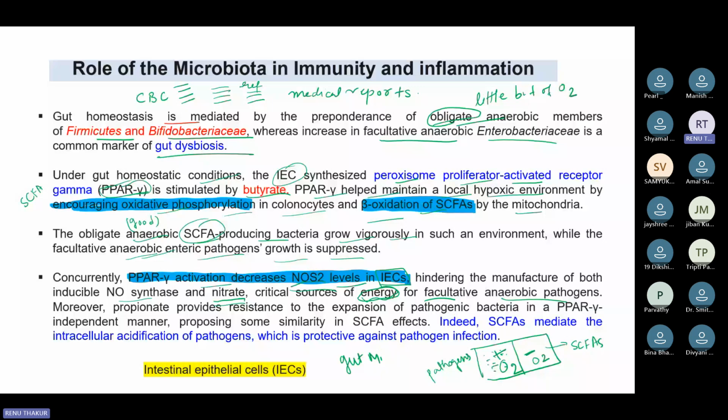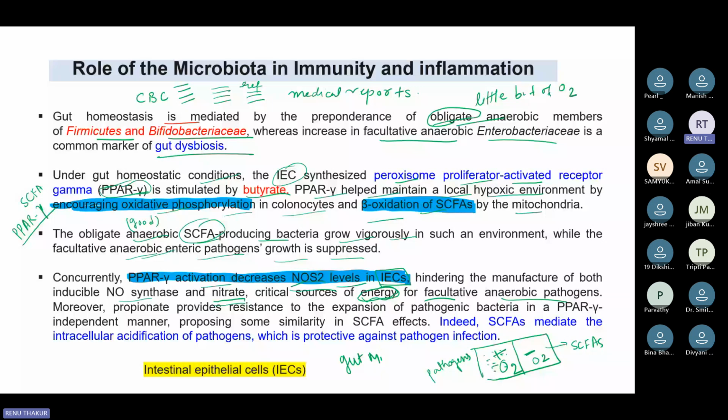If you are a healthy individual, then your PPAR gamma will be in a good amount. So this PPAR gamma needs to be in a good condition to keep us in a healthy state. So in a simple line, you can say that impaired PPAR gamma function can contribute to inflammatory diseases.